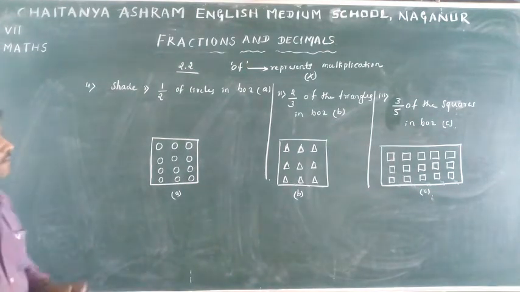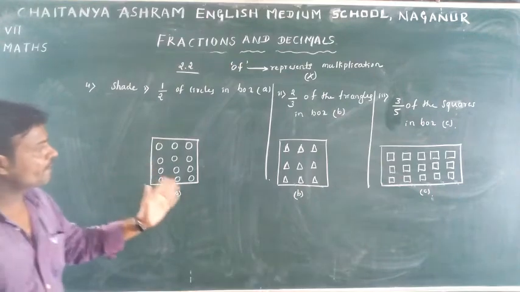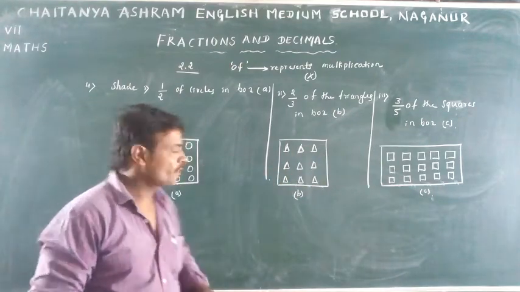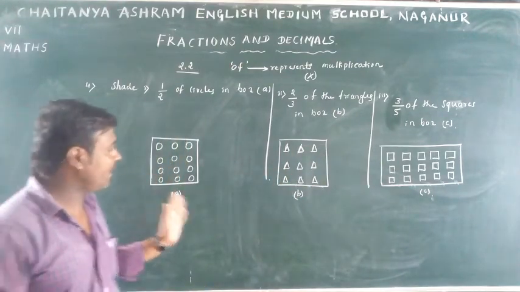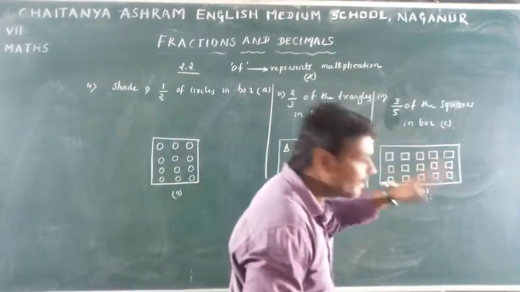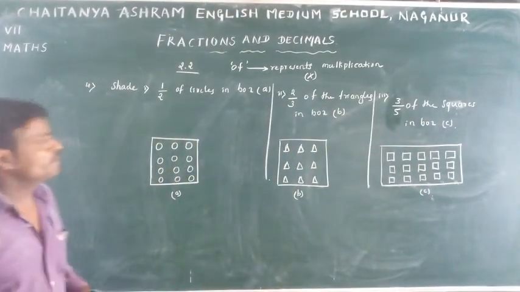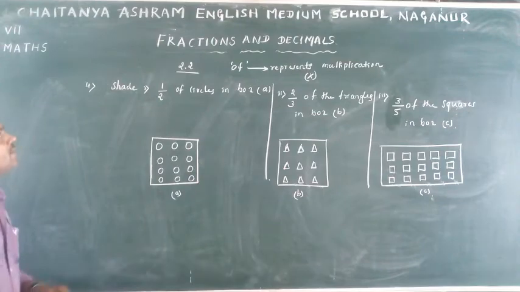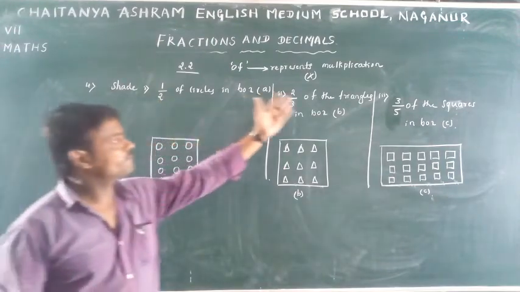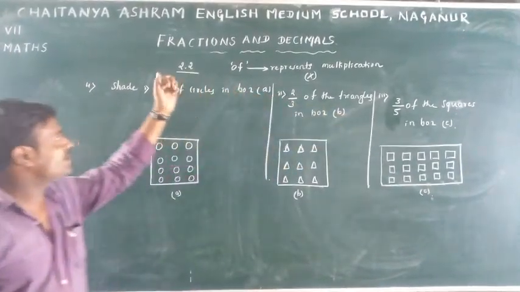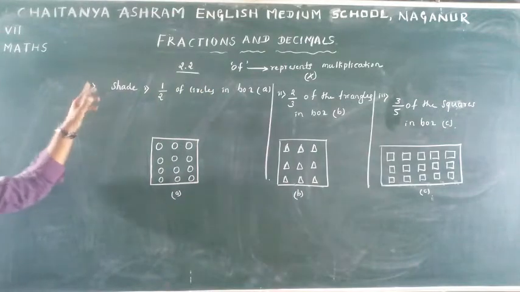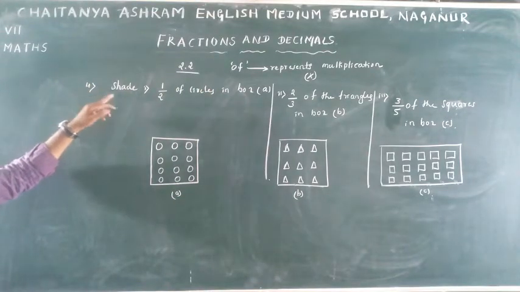Observe the diagrams carefully. There are three diagrams A, B and C. Related to these three, they have given some questions. This is exercise 2.2, question number 4. Shade.